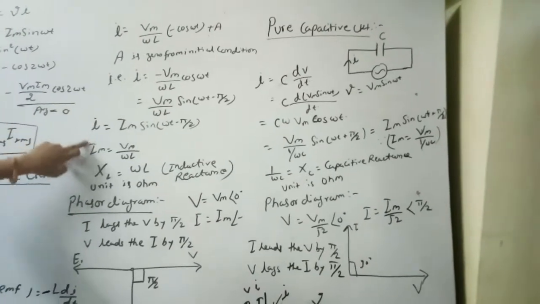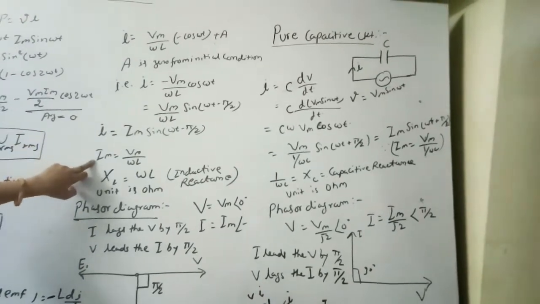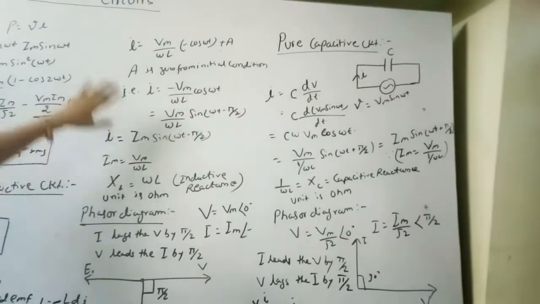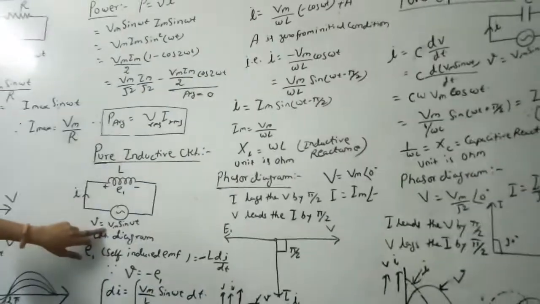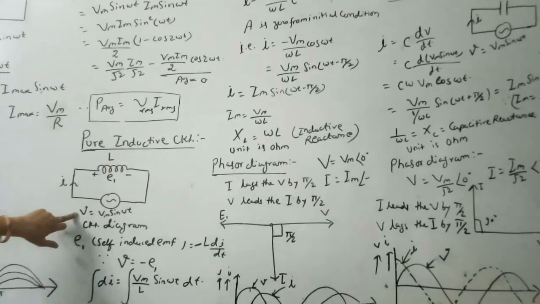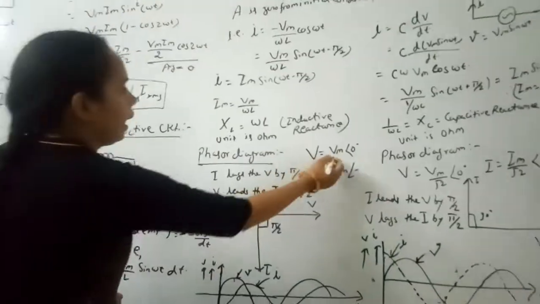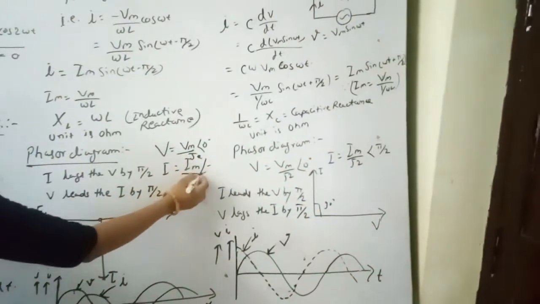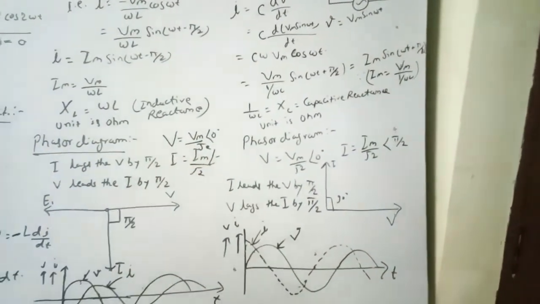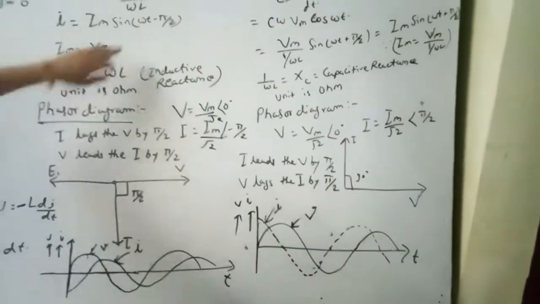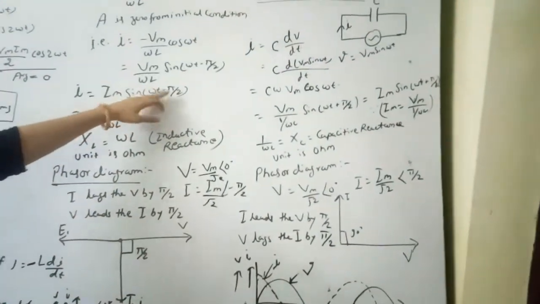We can write it in phasor form, with V taken as reference: V equals Vm by root 2 angle 0 degree, and I equals Im by root 2 angle minus pi by 2.